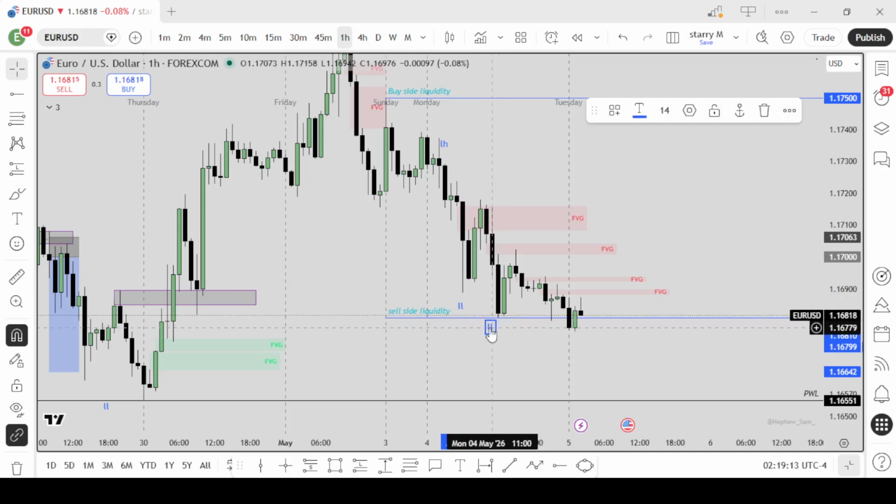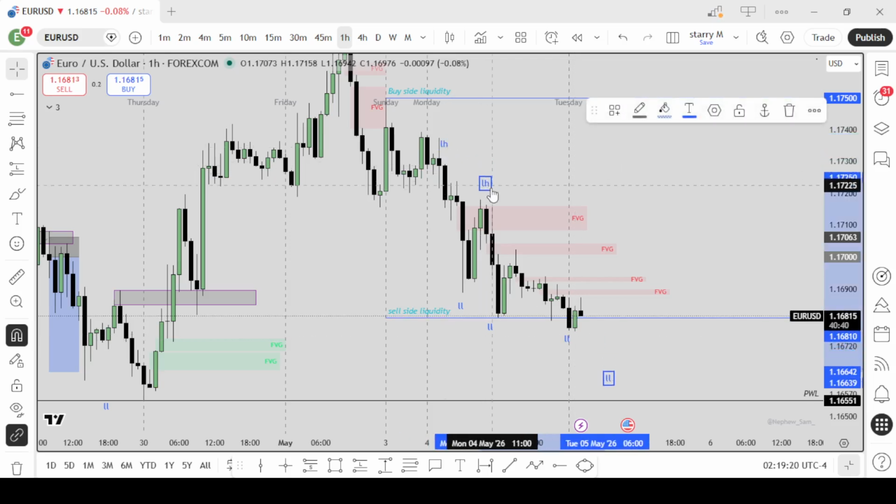Lower low. Another lower low. Another lower high here. And another lower high here.